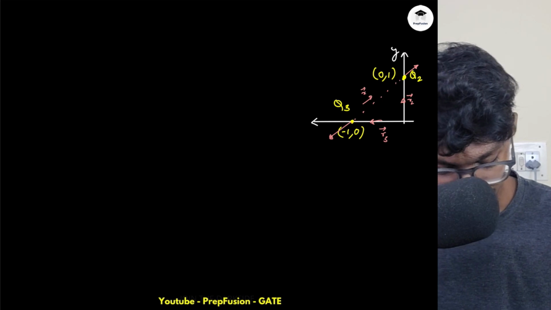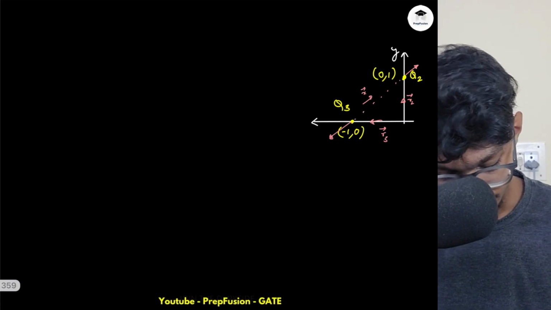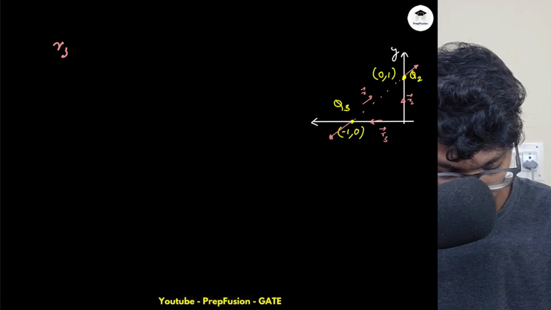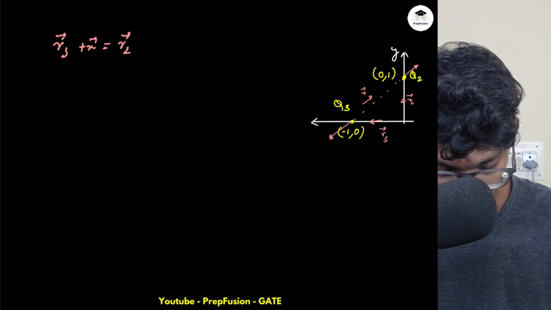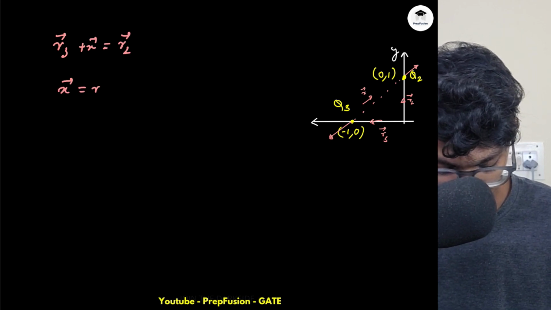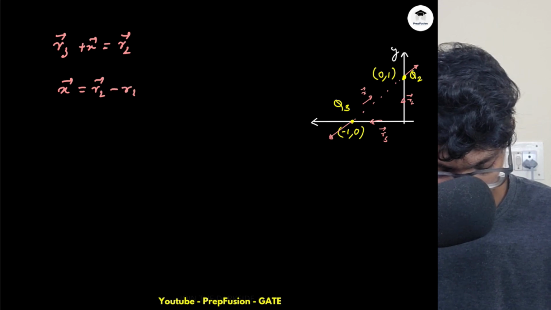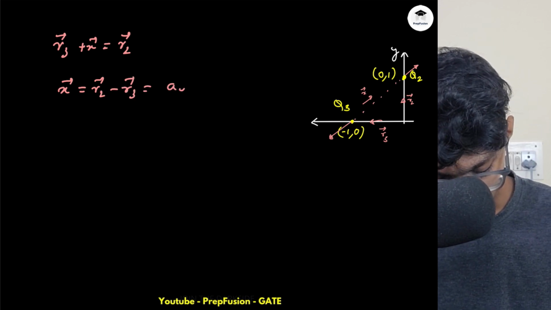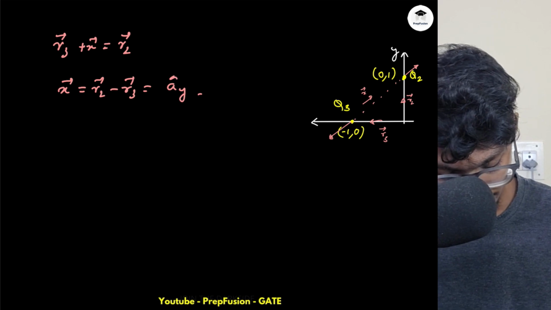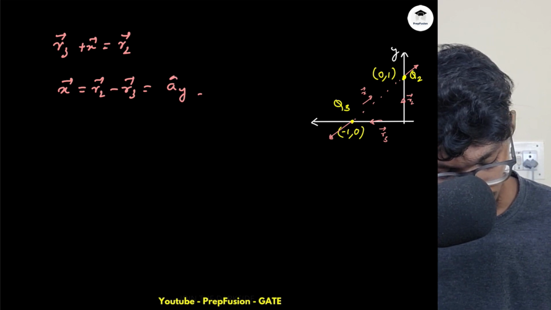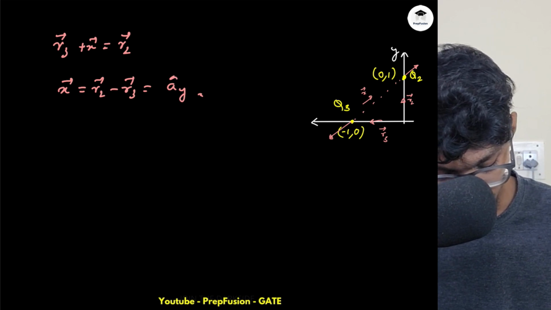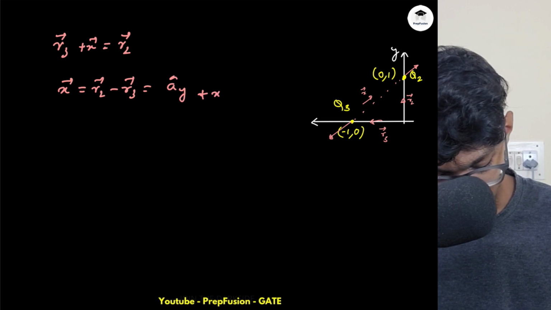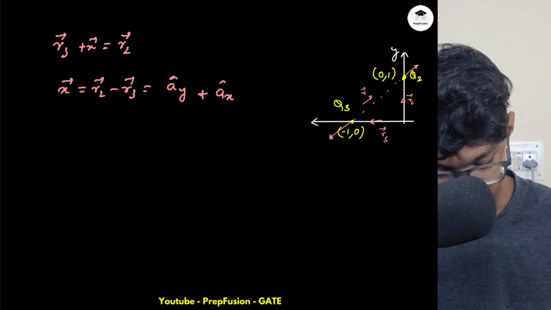Again I can write r3 vector plus x vector equals r2 vector. So my x vector will be r2 minus r3 vector. What is r2? r2 is ay cap, and r3 is minus ax cap. So minus of minus becomes plus ax cap.